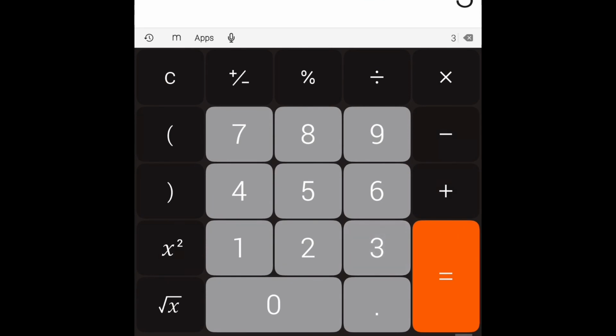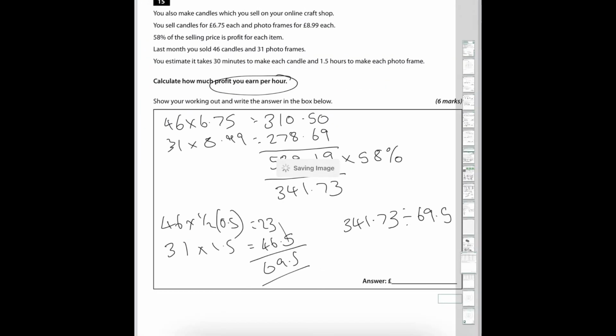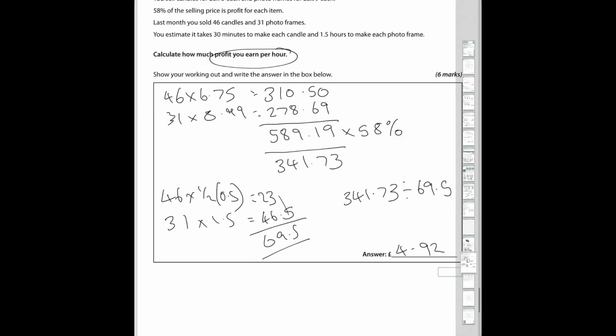So 341.73 divided by 69.5 is 4.92. We'll round that one up. 4.92. So that's the profit per hour, £4.92. Okay, that's question 15.